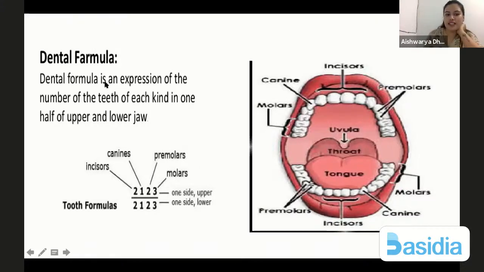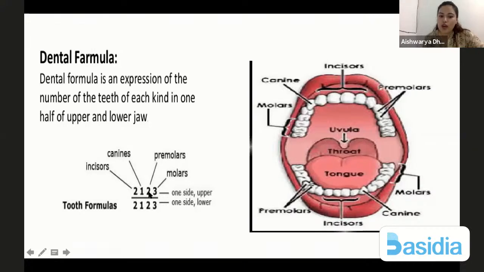The dental formula is the expression of the number of teeth of each kind in one half of the upper and lower jaw. That means we are just talking about one half of the face or the jaw. This is how the dental formula is given.